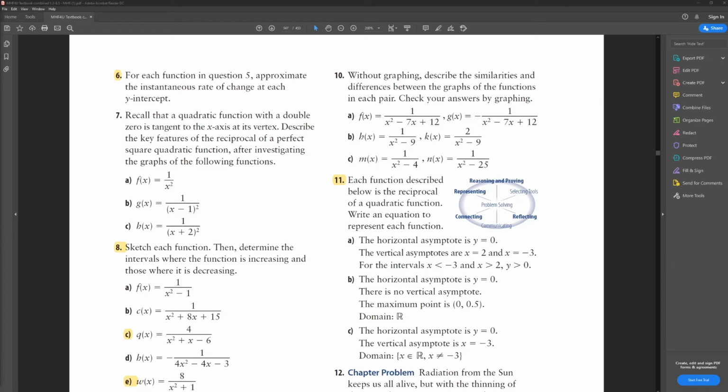If you remember how to do that, what we're simply doing is finding a value that is approaching 0 from the y-intercept, right? And then you're finding the y value.